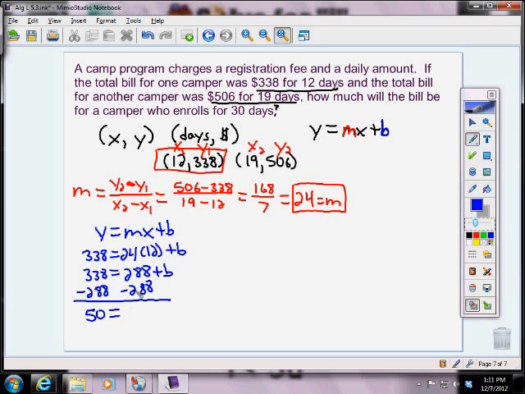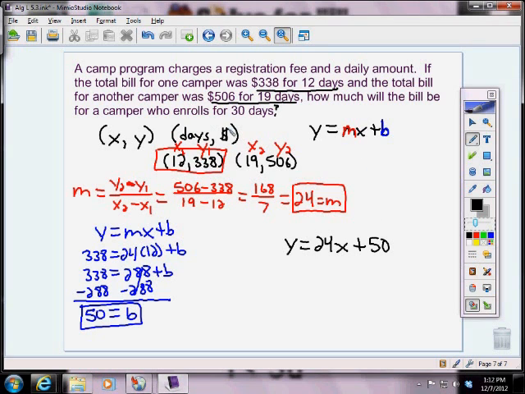So our y-intercept is 50. Now I have a slope and a y-intercept. So going back to our equation here, we can rewrite our formula as y equals 24 times x plus 50.